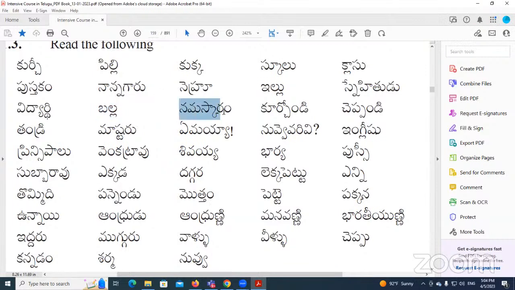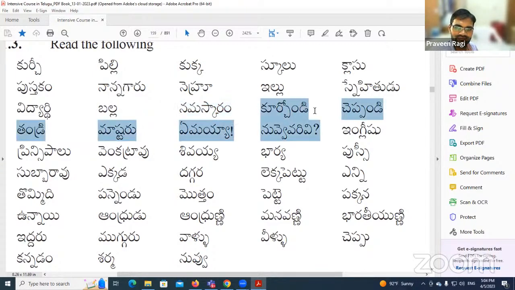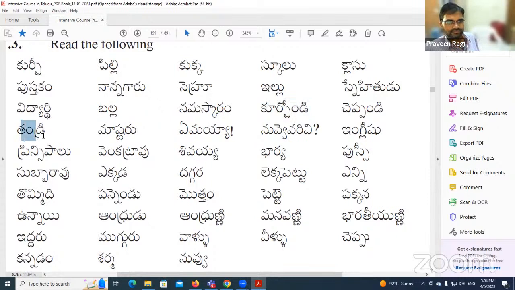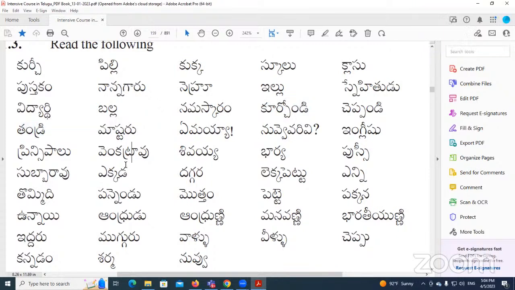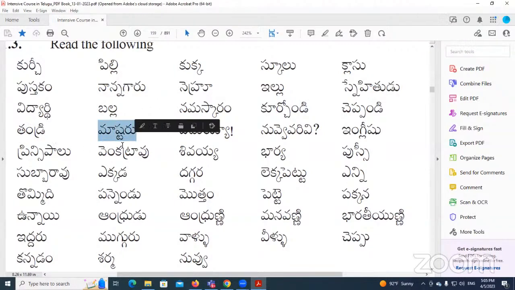Namaskaram. Greetings. Kurchondi, please sit down. Chapandi, please tell. Tandri means father. Mashtaru, teacher.